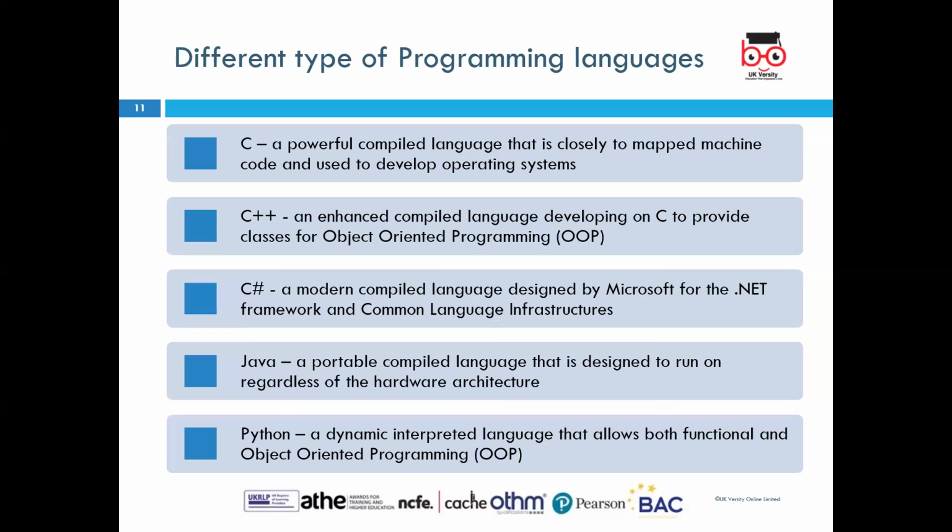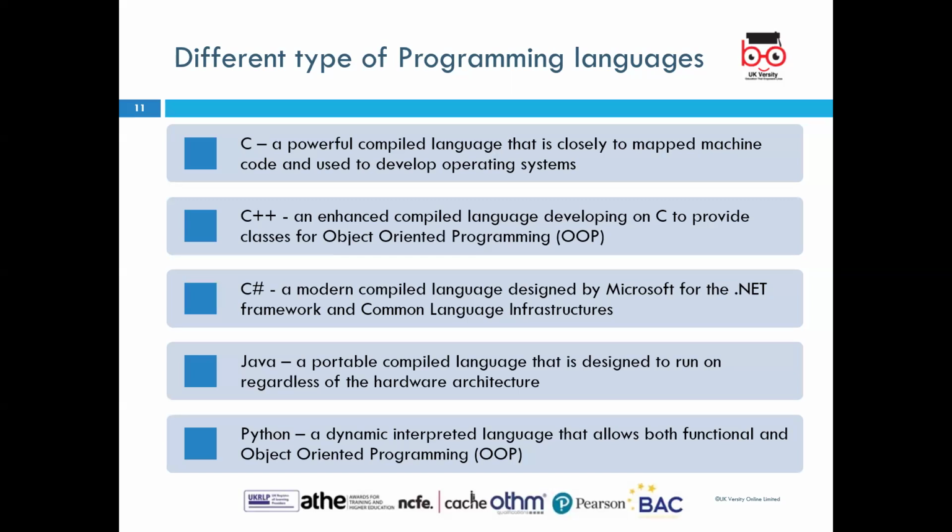So here we have an example of different types of programming language. We have C, which is a powerful compiled language that is closely mapped to machine code and is used to develop operating systems. C++, which is an enhanced compiled language developed on C to provide classes for object-oriented programming.